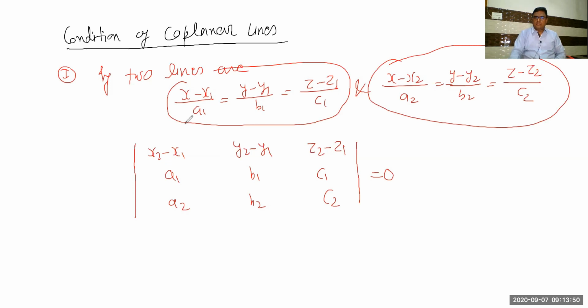So if two lines are given to you in Cartesian form, you will try to satisfy this condition, and if this condition is satisfied, then the given lines will be coplanar.